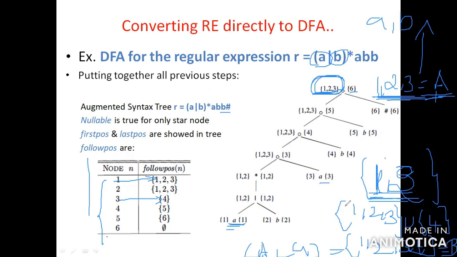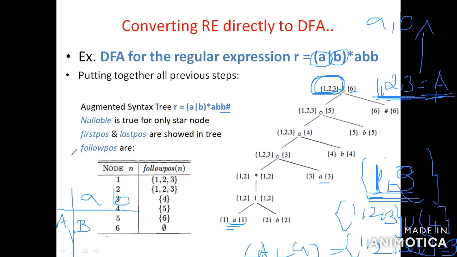Okay, it's clear. So here, for the input symbol a, the output of A on a is marked as B. The B is nothing but {1, 2, 3, 4}.